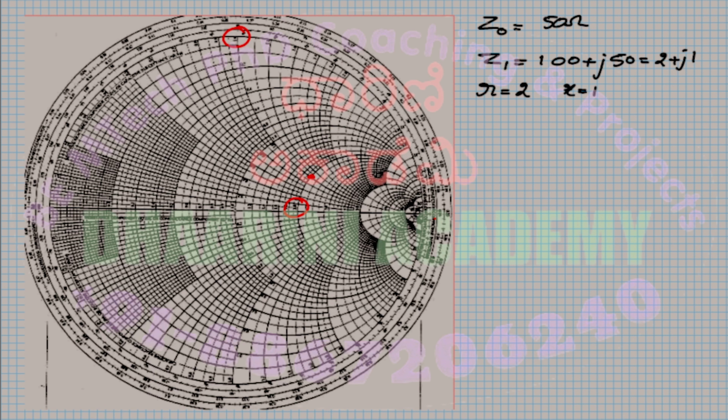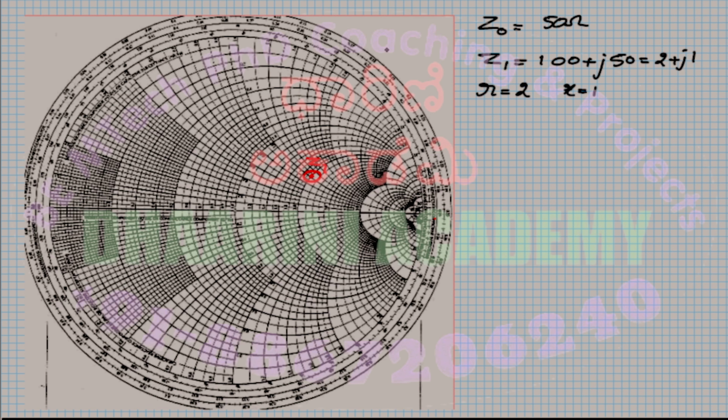Let me mark it properly. This is the point, that is Z1 according to our question.